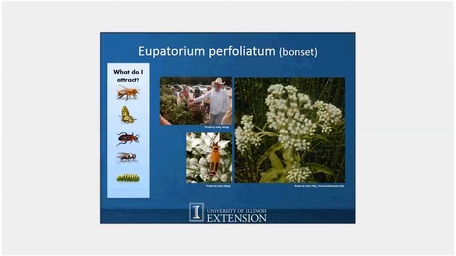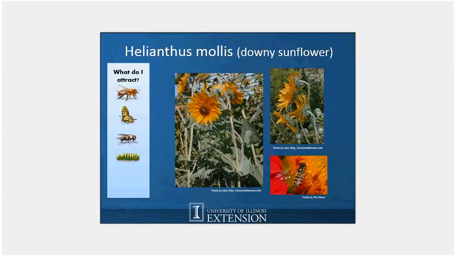Another one I wanted to talk about is, everyone likes to grow sunflowers, but we do have a perennial sunflower, and sunflowers are amazing for lepidopterans. When I say that, I mean butterflies and moths. This one blooms in the late summer to early fall.